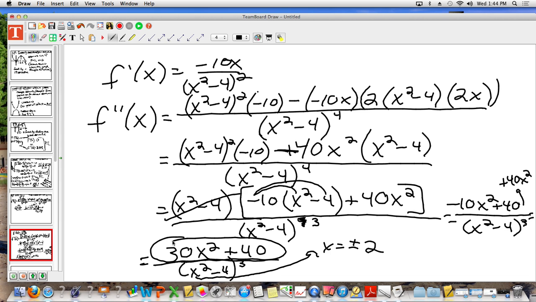So I'm going to come over here to the side. 30x squared plus 40 equal to 0. Now, stop and think about what's going to happen right now. You are going to subtract 40. You get a negative, right? Then you are going to divide by 30, which is still going to get you a negative.